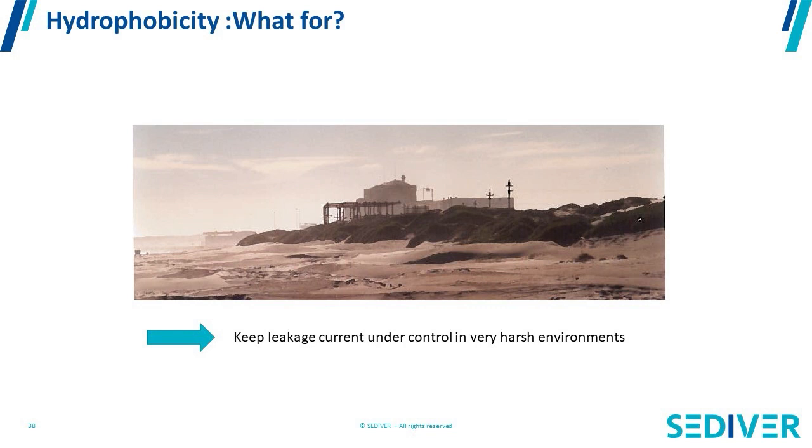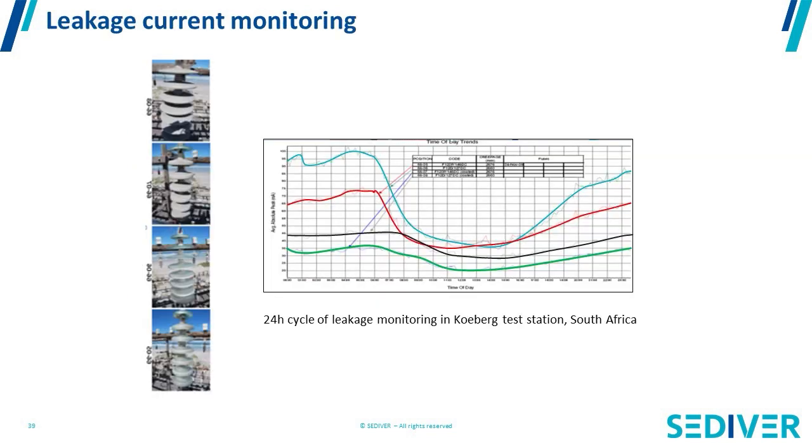It's a picture from South Africa, Cape Town. This is a place where you have salt spray coming from the ocean directly on insulators. And we have been measuring the leakage current on different types of insulators. So you see here on the horizontal axis, you have 24 hours of time. The vertical axis is the leakage current.